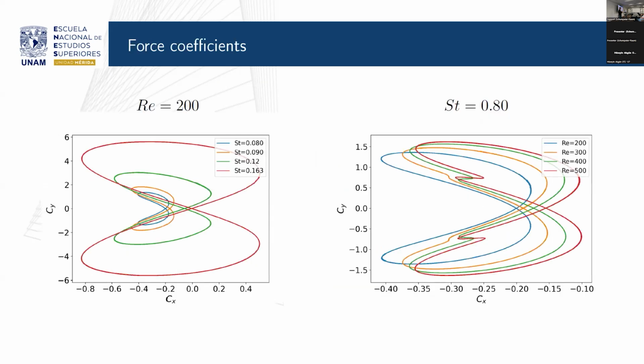Okay, so the main output of this work for the experimental group are these curves that are the force in the x direction against the force in the y direction. So if you see here for a constant Reynolds number and varying Strouhal number, you can have very, very large differences in lift and in drag.